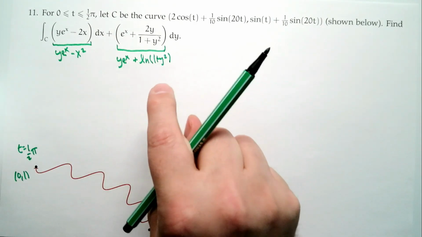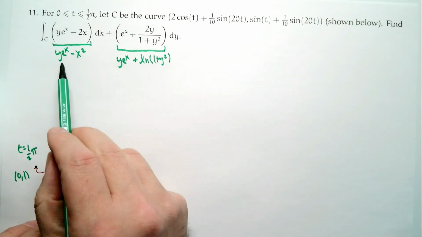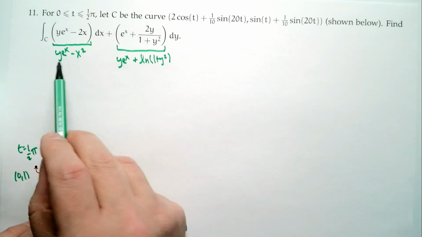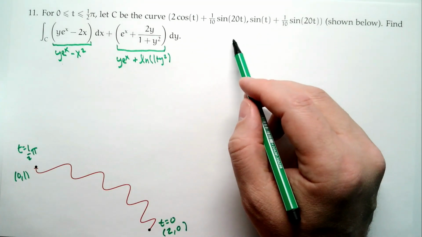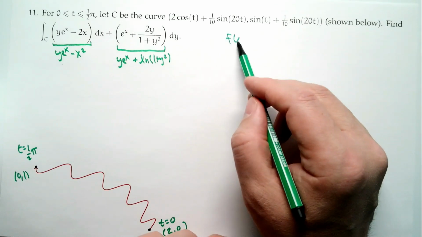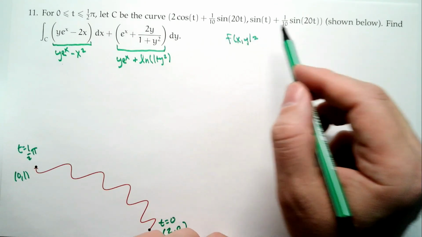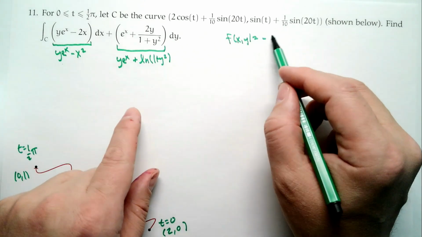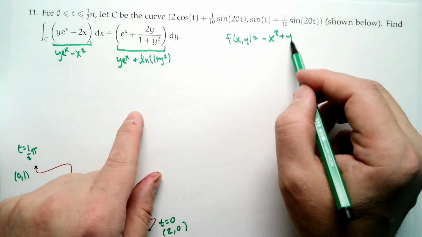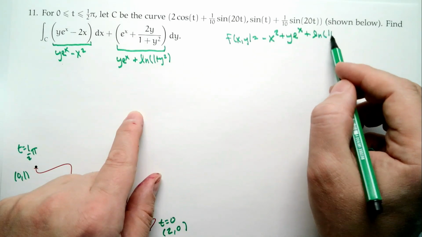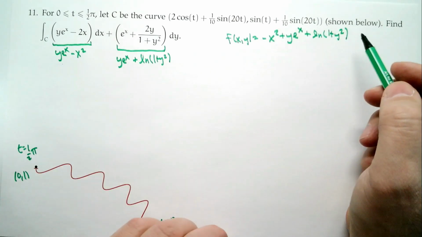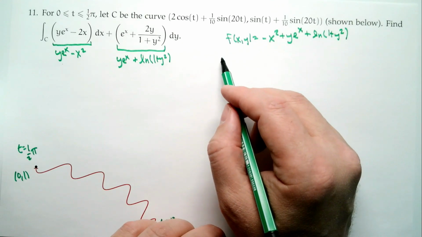And what we see is that these are compatible. In other words, the parts that involve both x and y showed up in both. So our potential function should be the following. F of xy would be minus x squared plus y e to the x plus natural log of 1 plus y squared. Now, to be sure, we'll do a check.